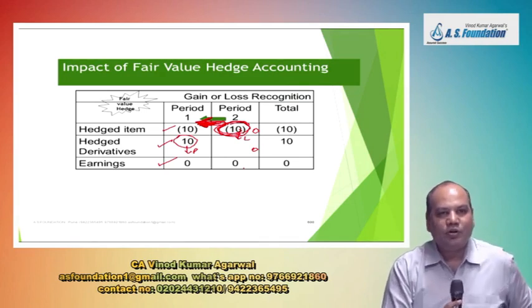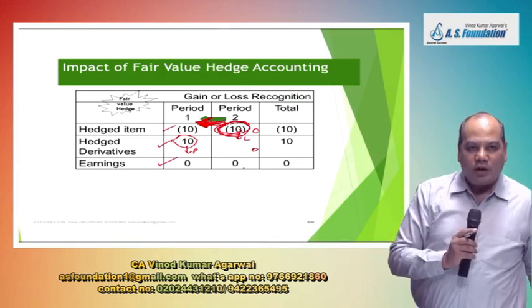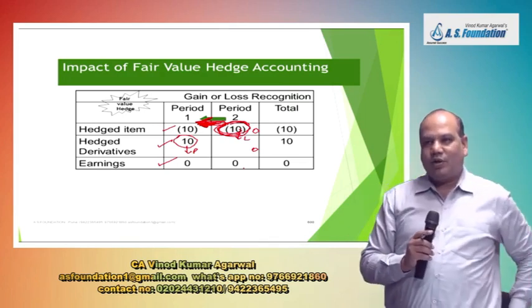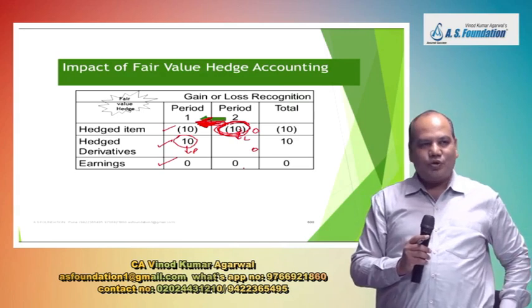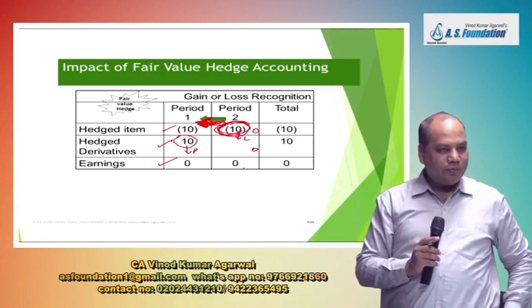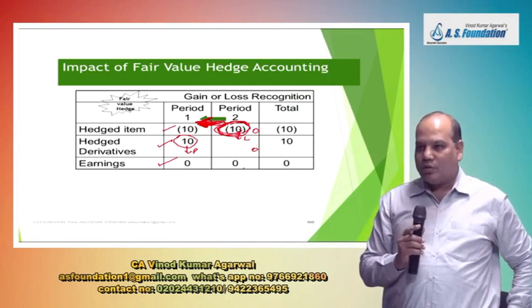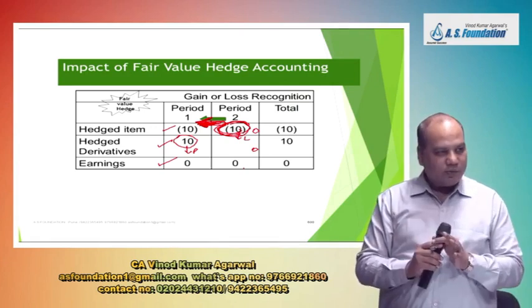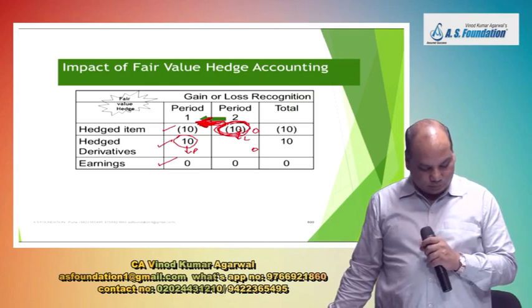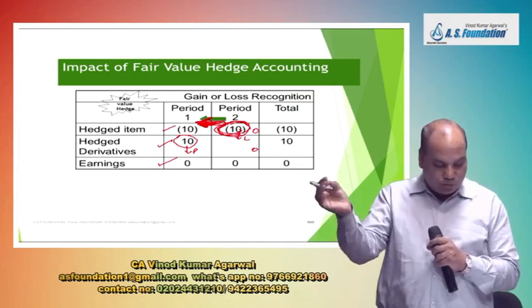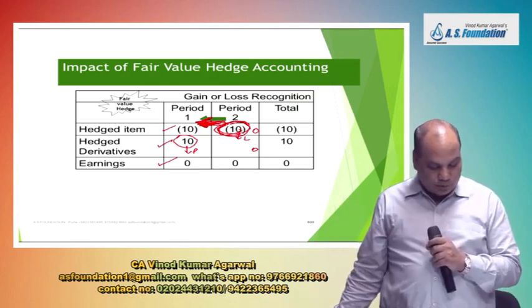Second year will show a loss of 10 crore. With hedge accounting, first year will show 0 profit or loss. Second year will also show 0 profit or loss. That is the benefit. Only that arrow in your notes, you may have to just put it up in the first line.